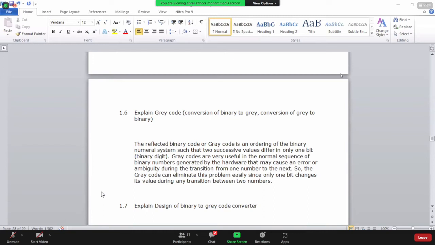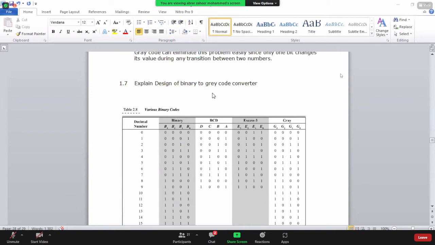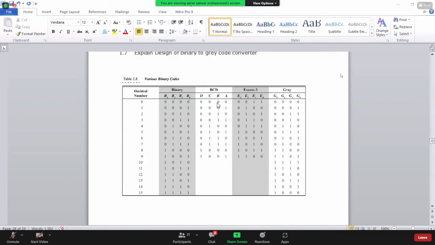They differ by only one bit position. Here we can see how to design the binary to gray code converter.